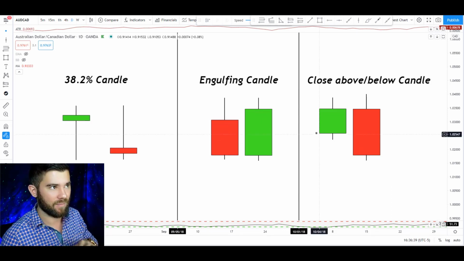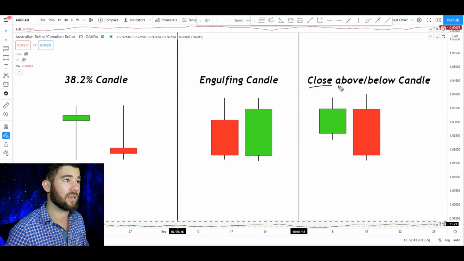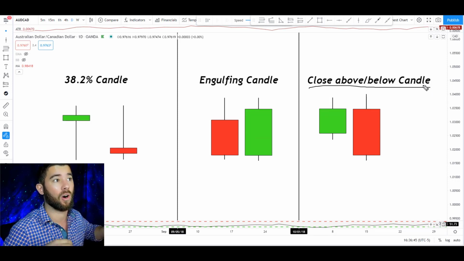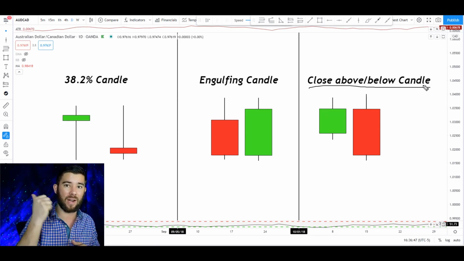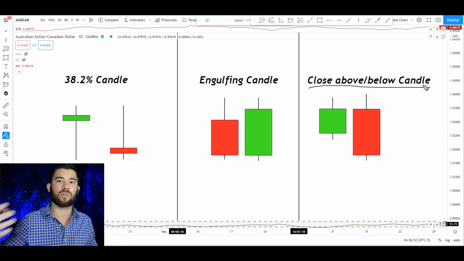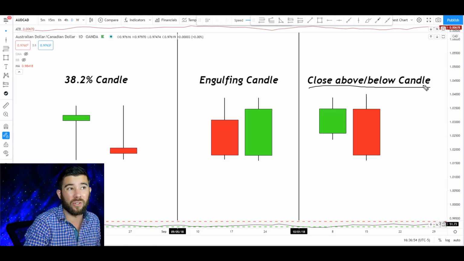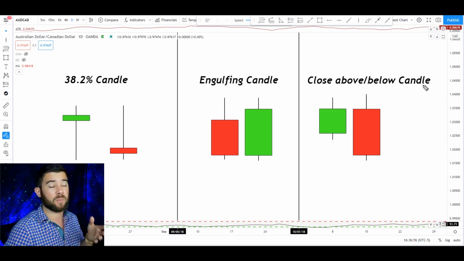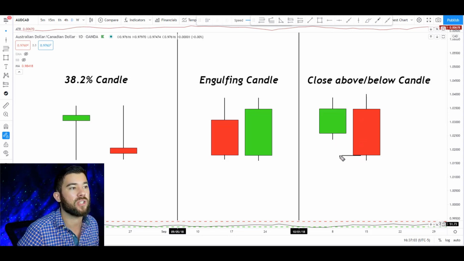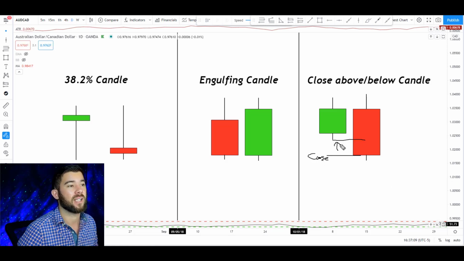So next up, we have the close above and close below candle. Again, all of these candles are used in the same way. They're all either going to be used to help you identify reversals, market sentiment, or help you enter on trend continuation trades. Here we have close above and close below candle, pretty self-explanatory, but a close below candle would be a candle in which the close of that candle is below the low of the previous candle.